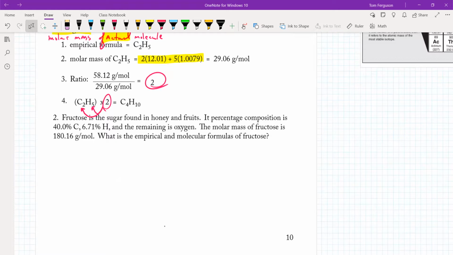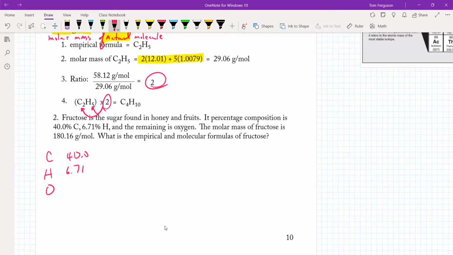Okay, all right, so this is going to be a problem from start to finish. Okay, so we analyze fructose and we end up with 40% carbon, 6.71% hydrogen, and the remainder is oxygen.